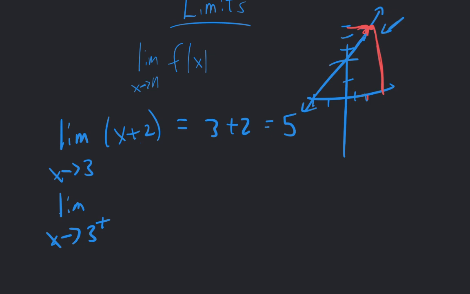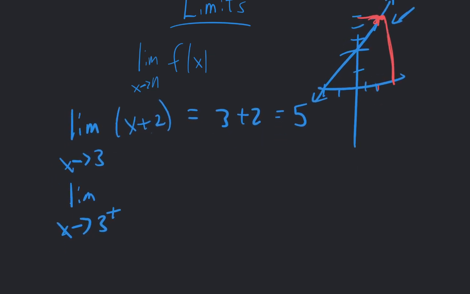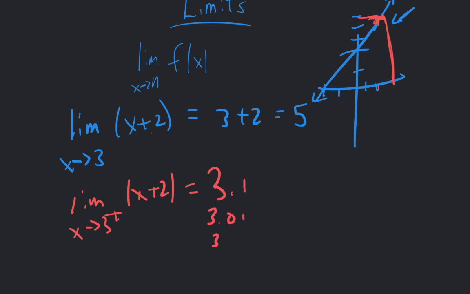And we could just plug in values that are a little bit bigger. So when it comes from the right, it's numbers that are slightly bigger than 3, like 3.1, 3.01, 3.001.